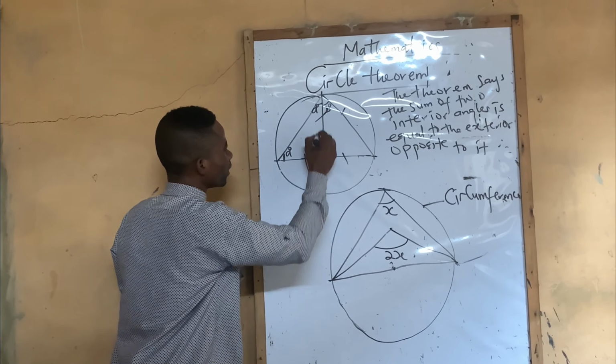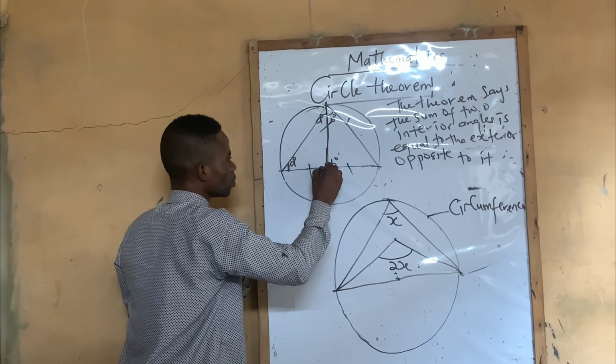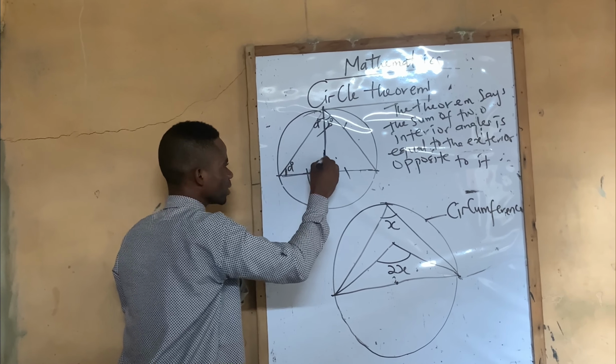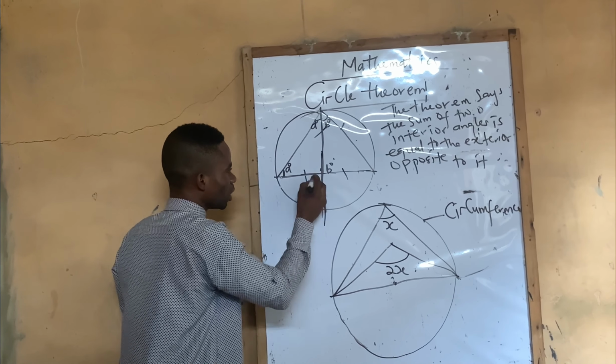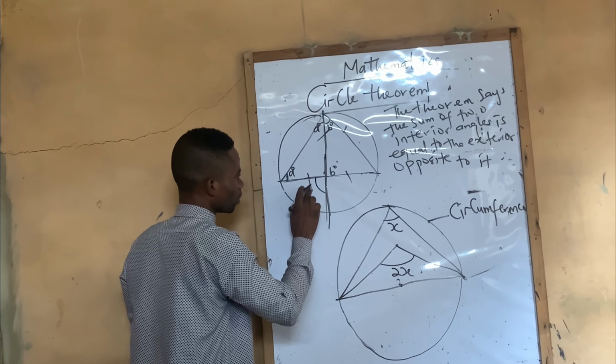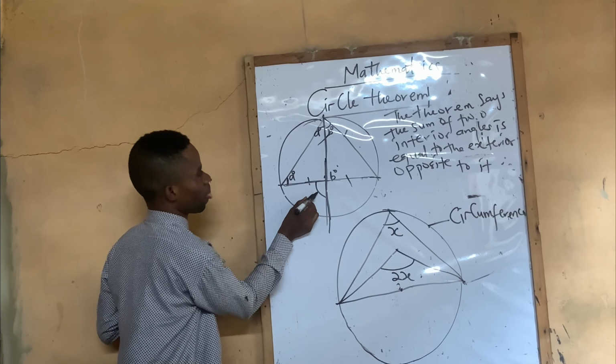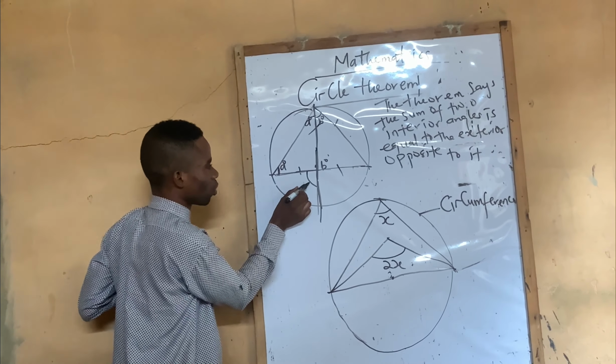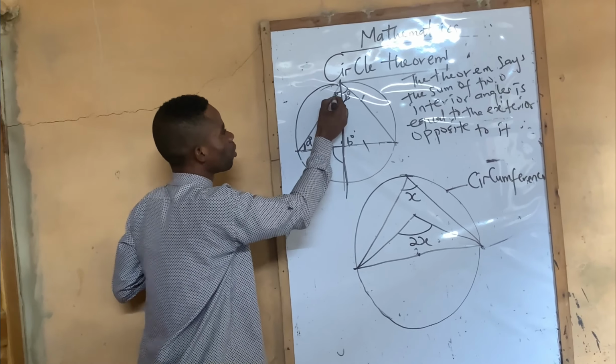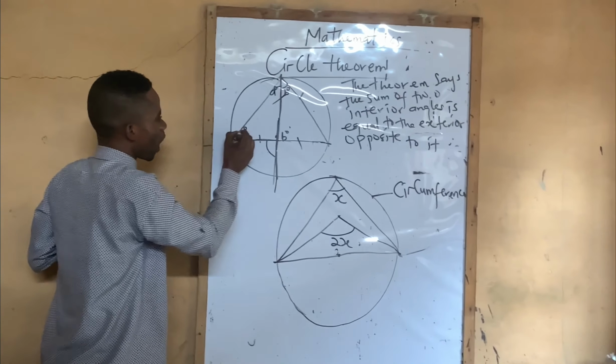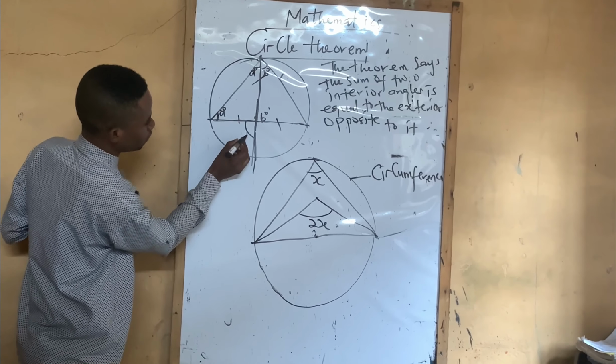Now look at this side. If you look at this triangle, when I extended this line, if I put an angle here, this angle will serve as the exterior because it's outside, but these two are interior. And you will see that they are opposite to this.